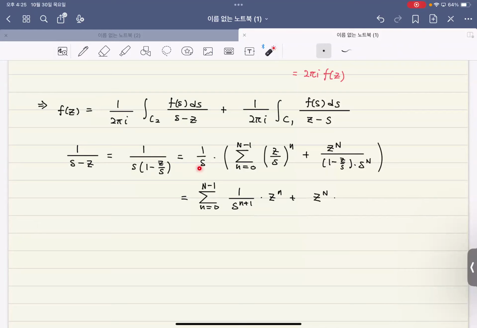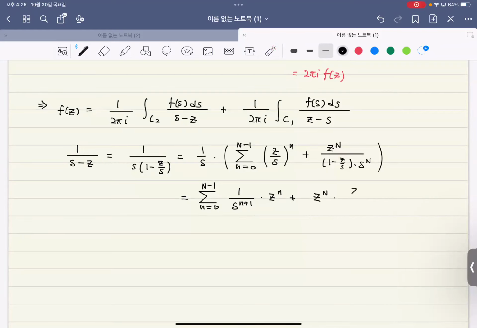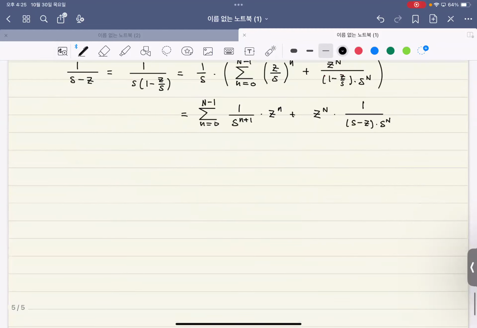Okay, and multiplying by this factor over s minus z, now it's restored. Great. I'm having some trouble with the high school level algebra, but I guess this is right.